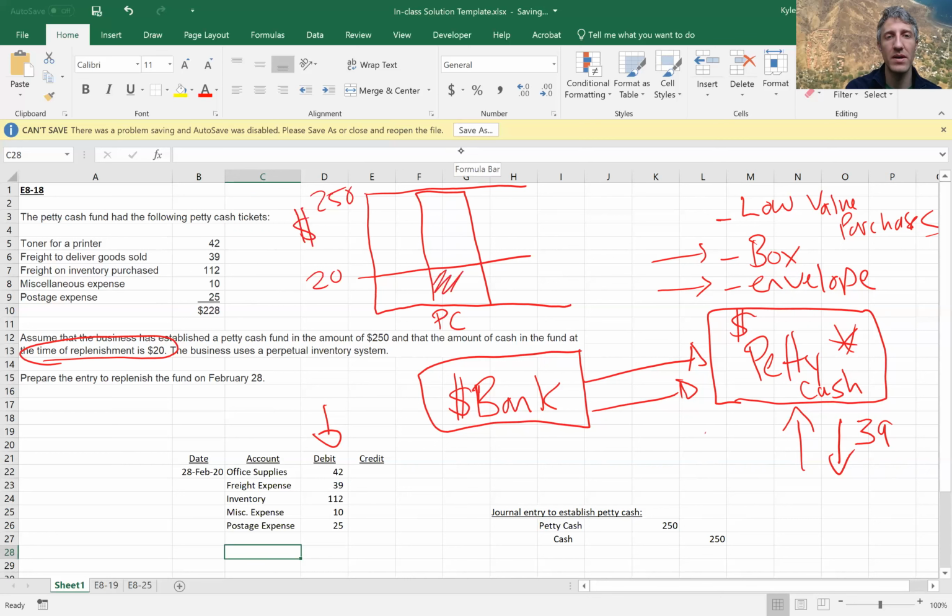It was $250, but now it's only $20. That means it decreased by $230. But there's only receipts for $228. So the custodian made an error somewhere. They only collected receipts for $228, but they should have collected receipts for $230. So there's a clerical error in administering this petty cash fund.